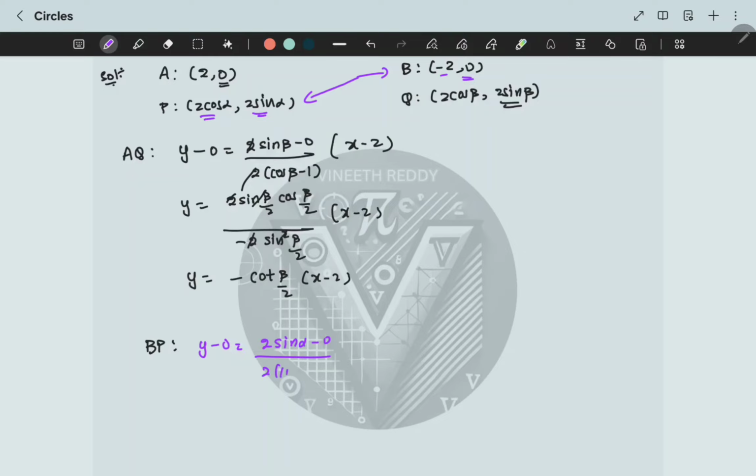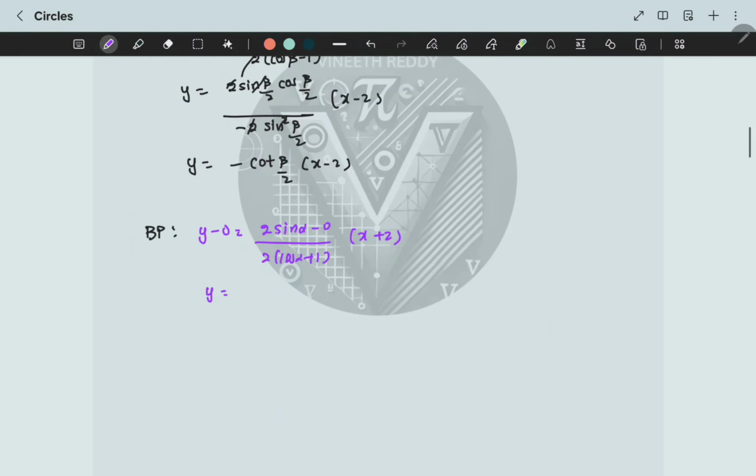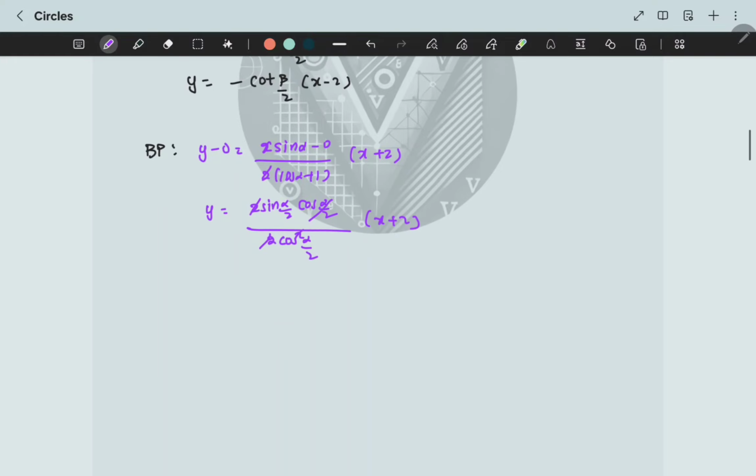So you'll get 2 times cos alpha plus 1 into x minus x1. So here I should be getting x plus 2. So ultimately, if you have understood, this 2 and this 2 get cancelled. So we get 2 sin alpha by 2 cos alpha by 2 divided by 2 cos square alpha by 2 into x plus 2. So 2 and 2 get cancelled. So ultimately we get y is equal to tan alpha by 2 into x plus 2.